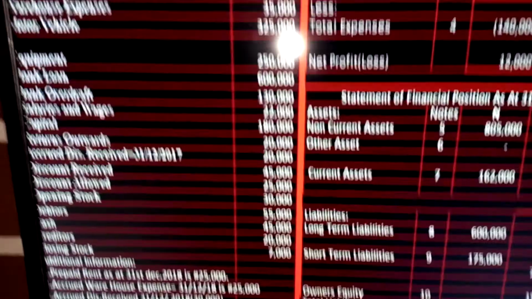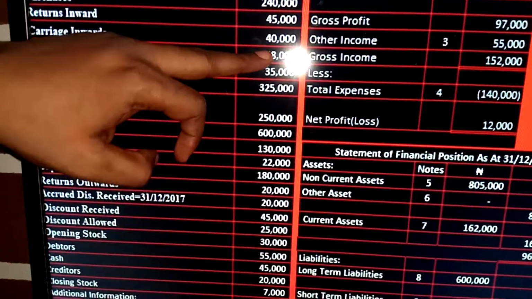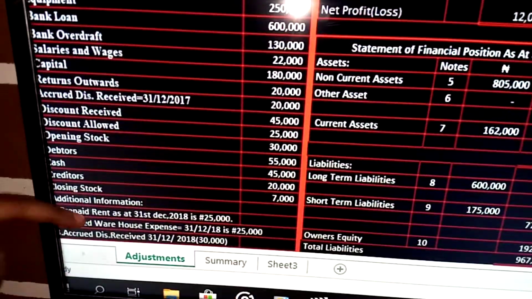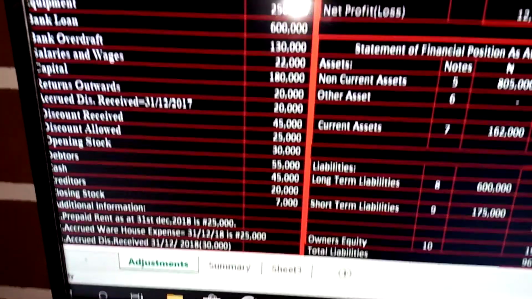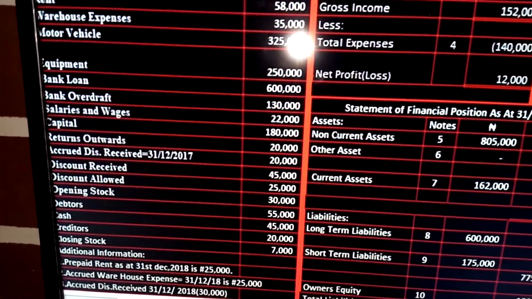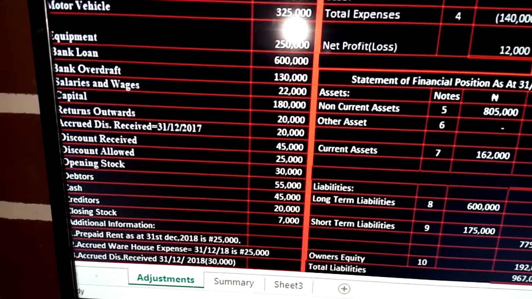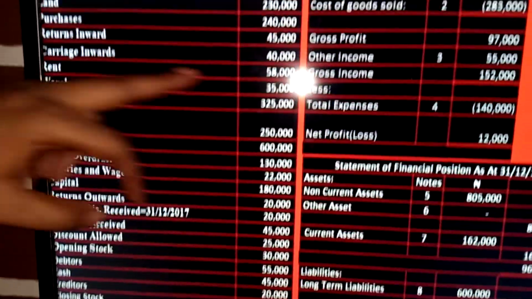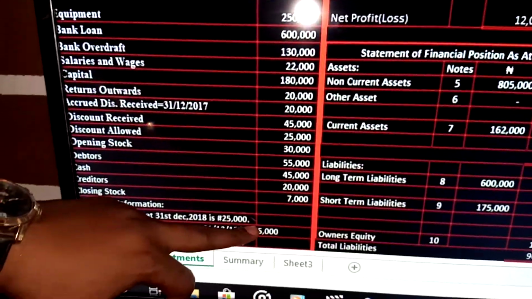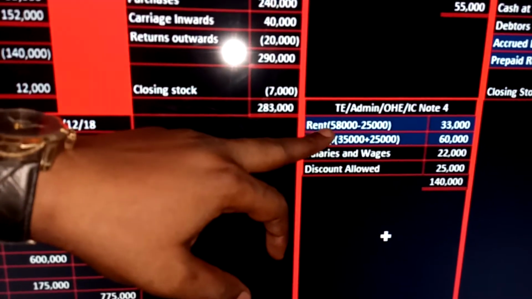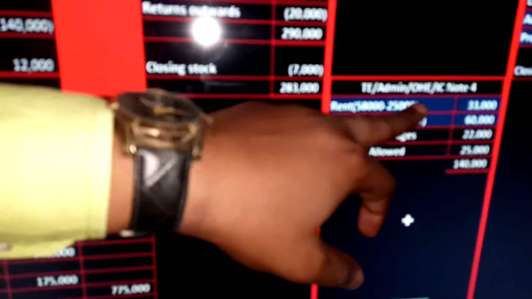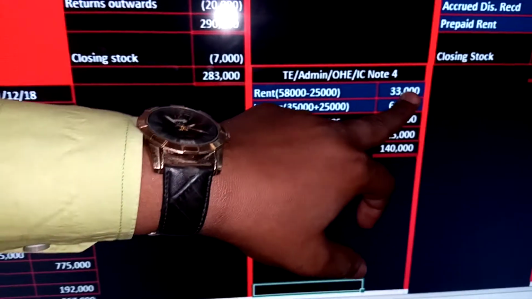So we have rent here 58,000. There's a prepayment here to be 25,000. So for us to get the rent that will take to the P&L for that year, we're going to say 58,000 minus 25,000. Rent 58,000 minus 25,000, that is 33,000.